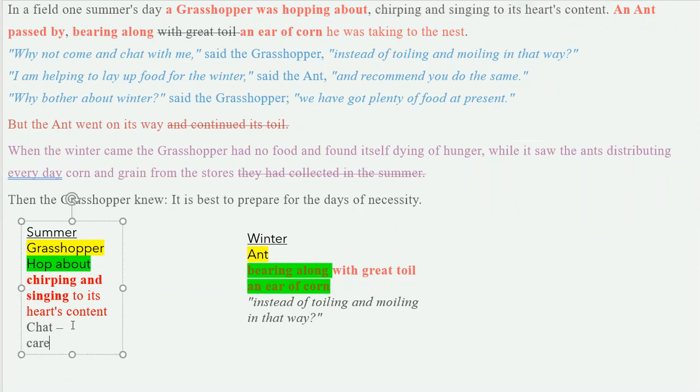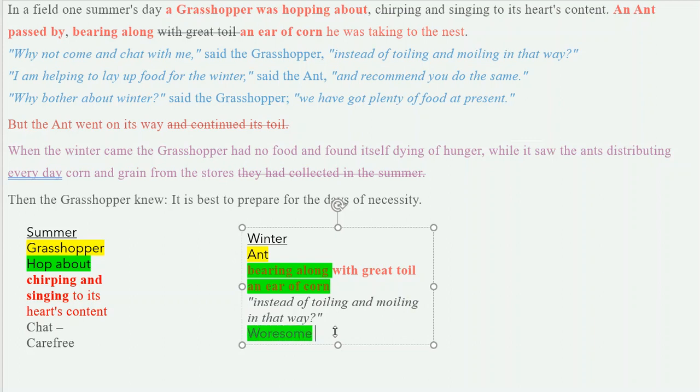Carefree. Not a worry on your mind. Well, actually, what's happening to the ant? Is the ant carefree? No, what's the opposite? Worrisome, right? But the ant is not worrying about anything. The ant is planning, right?